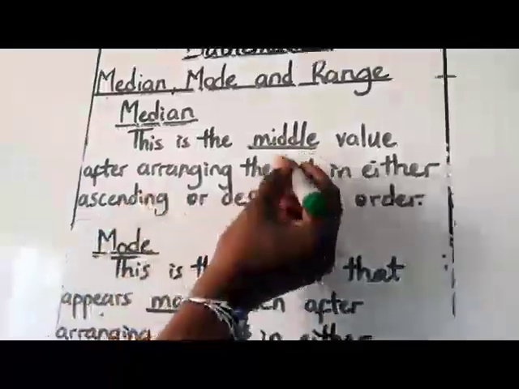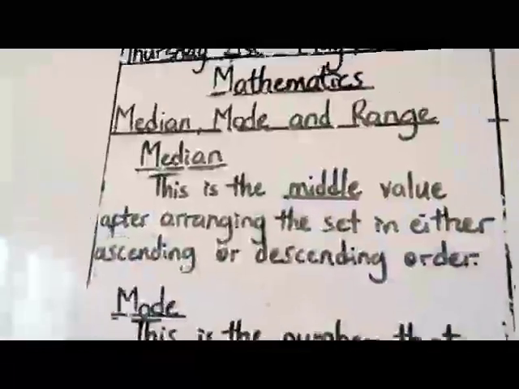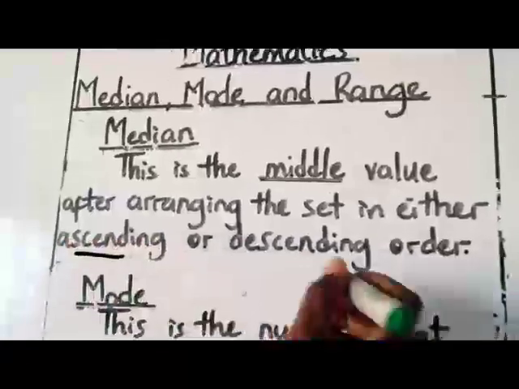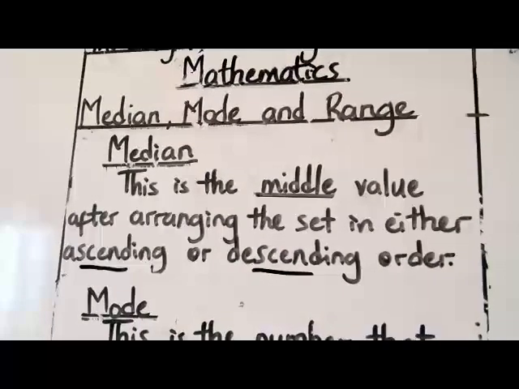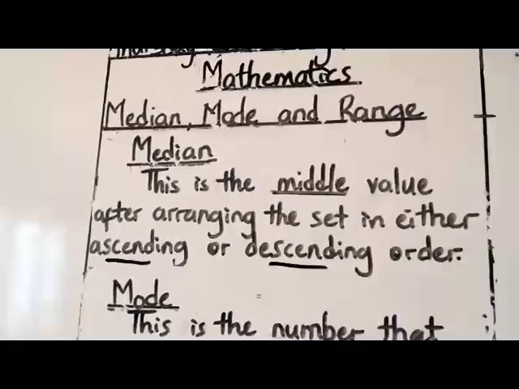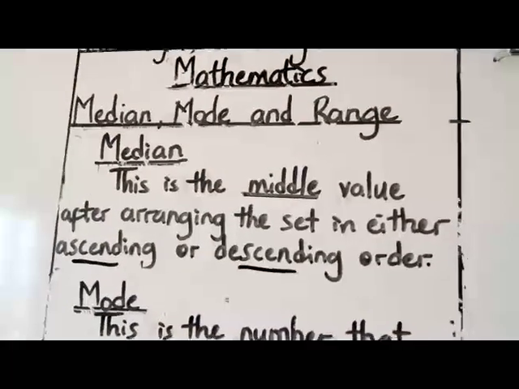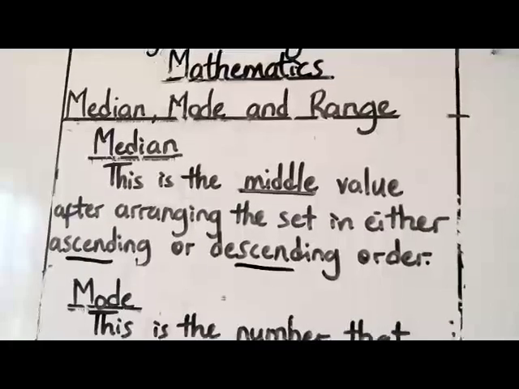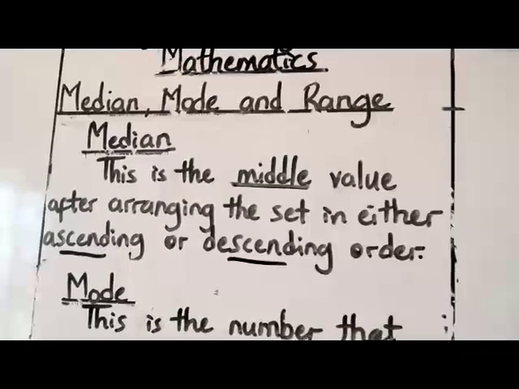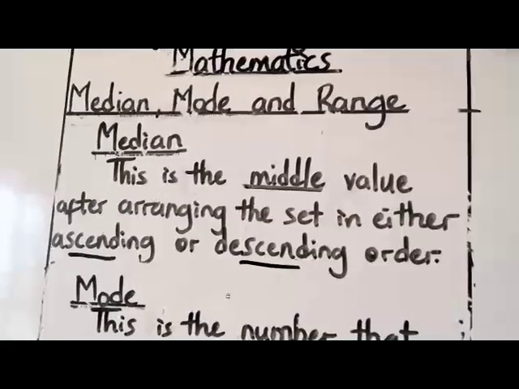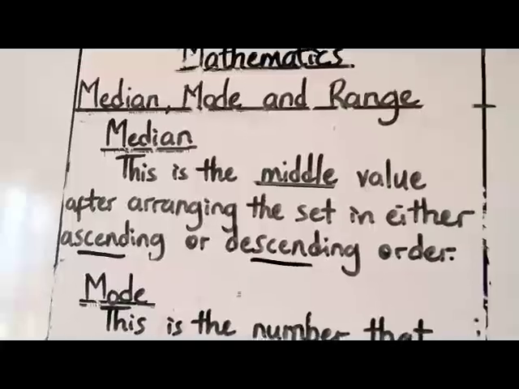The key word here is the middle. Middle value, take note of that. Another key word is ascending and descending. Ascending order simply means from the smallest to the biggest, from the smallest value to the largest value. And then descending order is the opposite of ascending. That is, from the largest value to the smallest value.